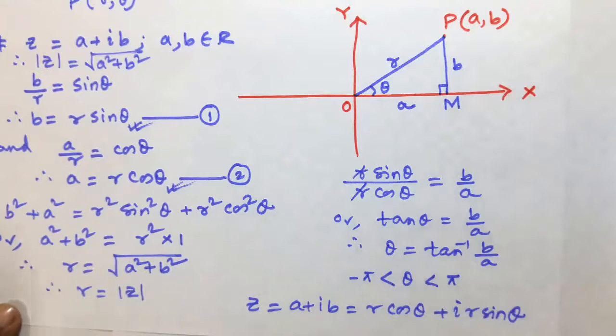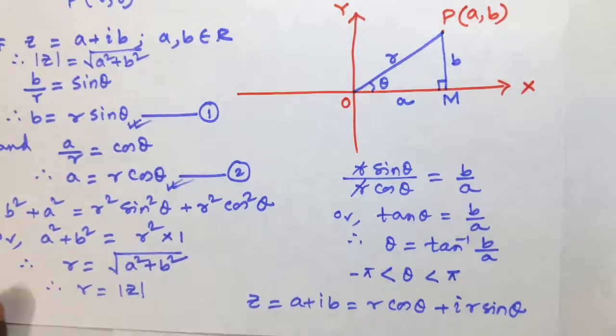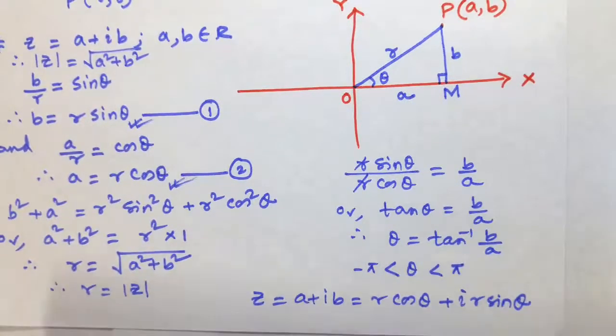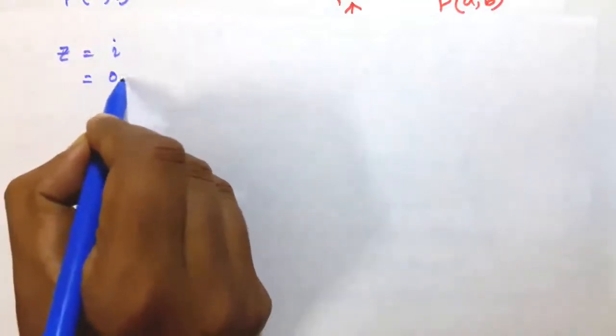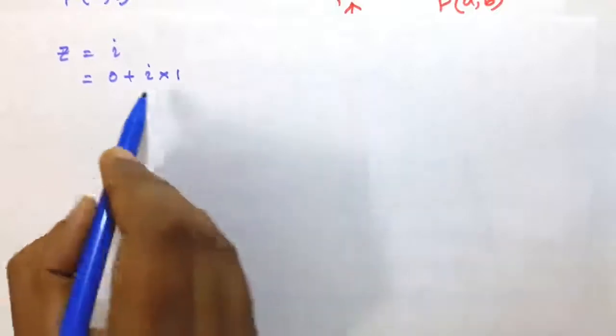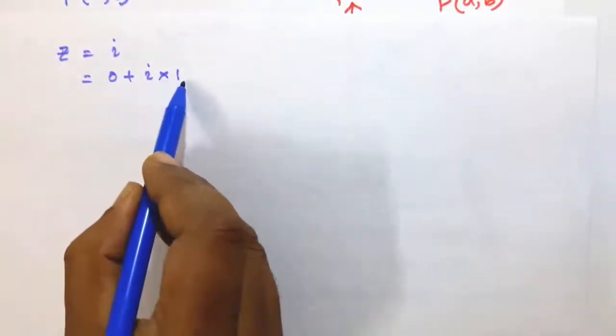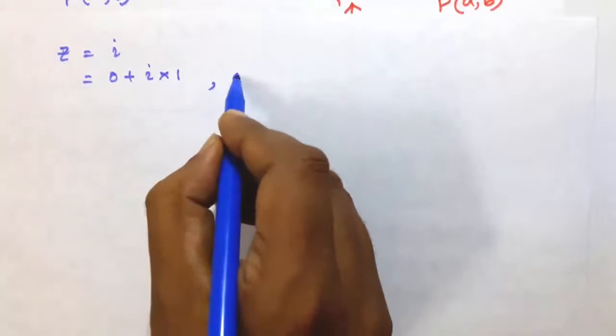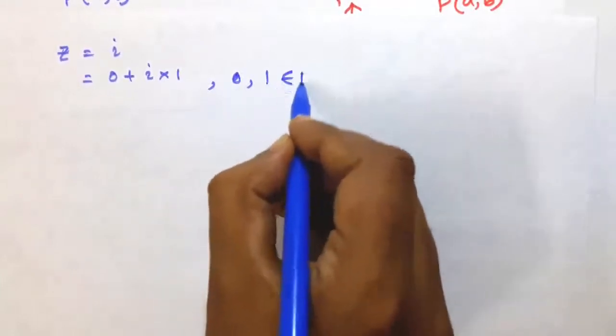Now we shall discuss about a complex number i, which can be represented in polar form. Now, do you share with me that i is a complex number? Obviously i is a complex number, because this i can be written as 0 plus i into 1, which is of the form a plus ib, where 0 and 1 both are real numbers.